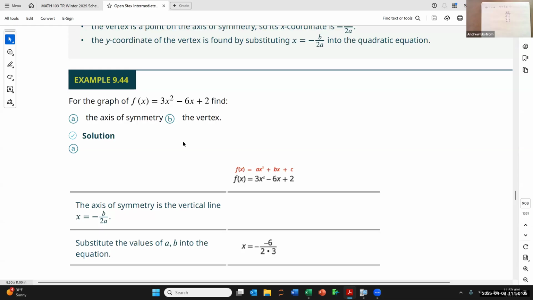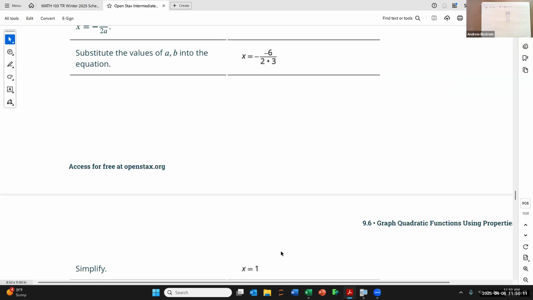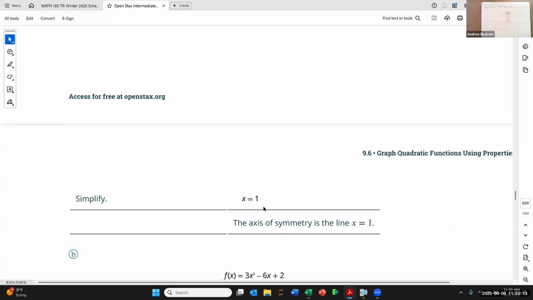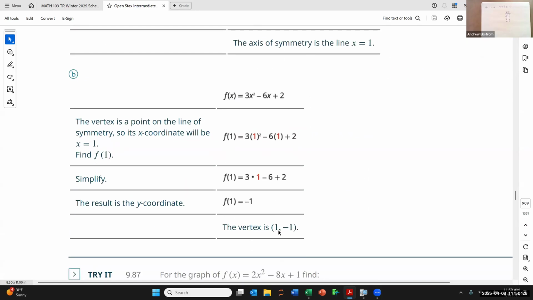Where's the vertex going to be here? It comes out as x equals 1. So the axis of symmetry here is just x equals 1. What is the vertex? We now have to take that x equals 1, plug it into our initial equation, and we get, in this case, -1.